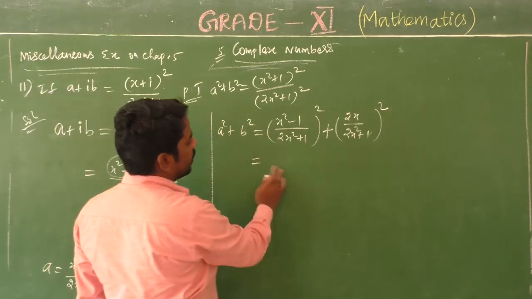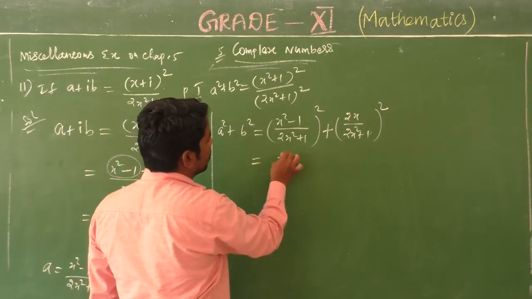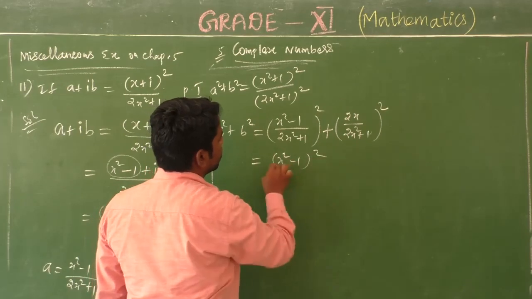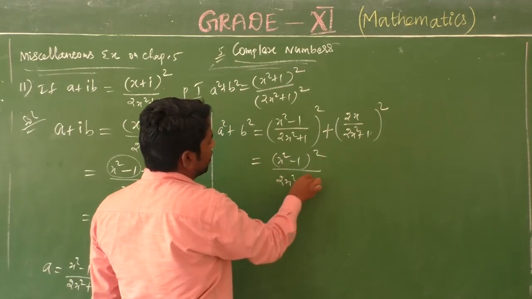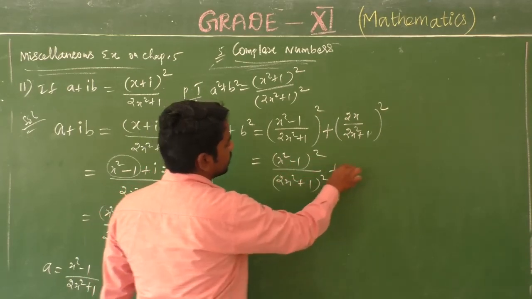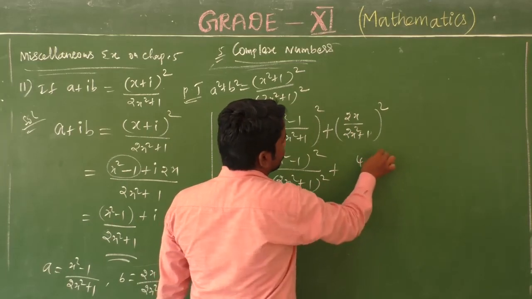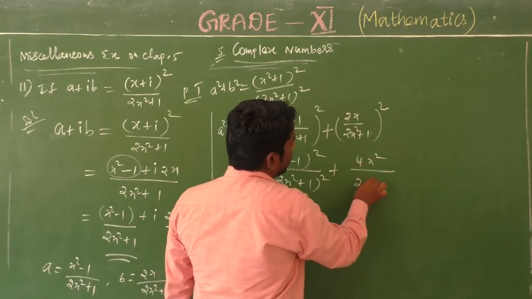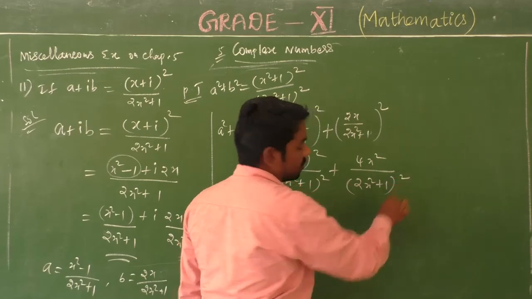So (x square minus 1) the whole square divided by (2x square plus 1) the whole square, plus (2x) the whole square, which is 4x square, divided by (2x square plus 1) the whole square.